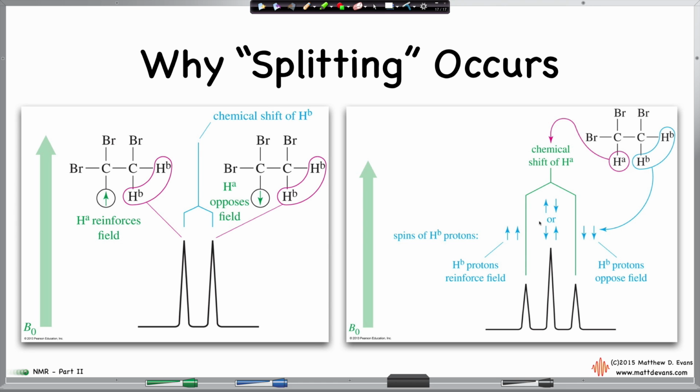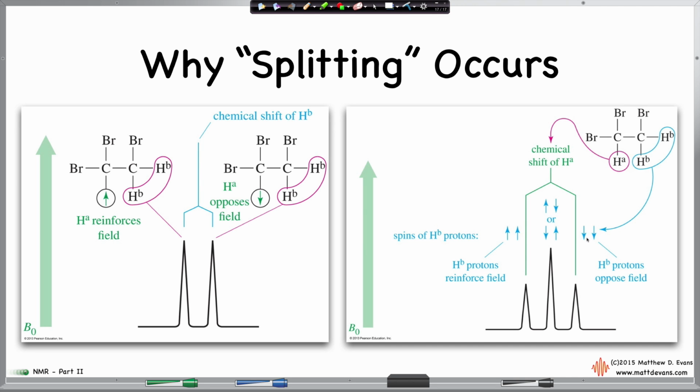The most common situation, though, the most likely situation, is that one proton is reinforcing, the other one's opposing, and likewise, one's opposing, one's reinforcing. So that's the most likely situation, and that's why this middle peak right here is the most intense, because there's two possible orientations for nuclear spin for these two, and they're both energetically equivalent to each other.